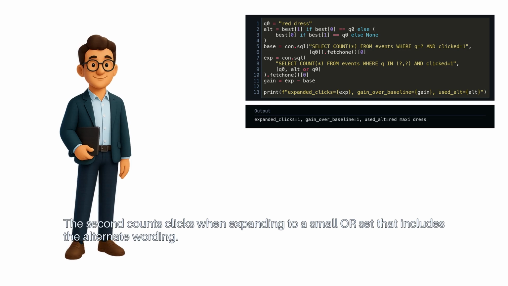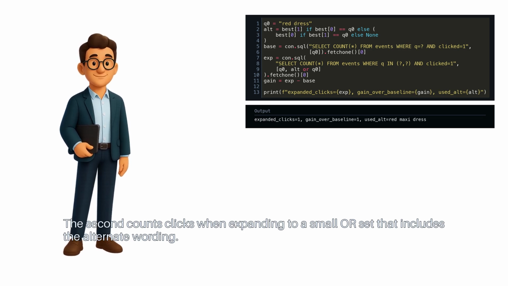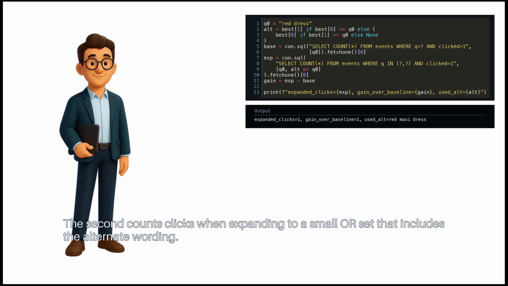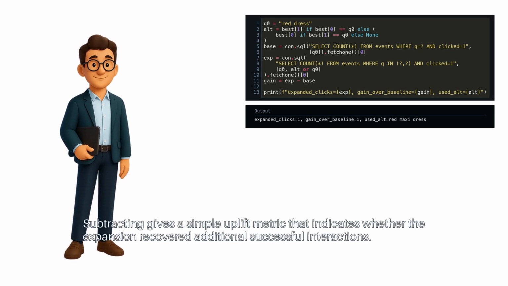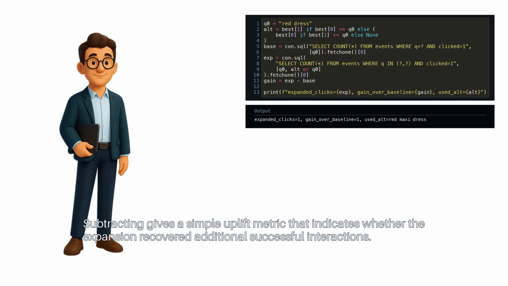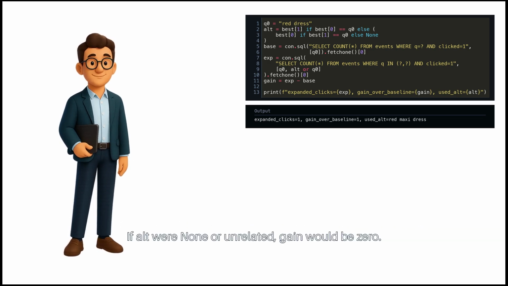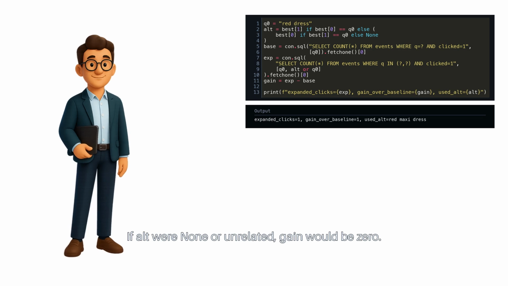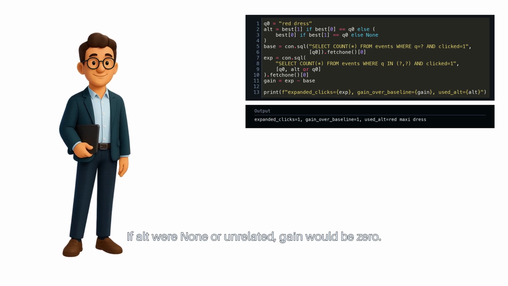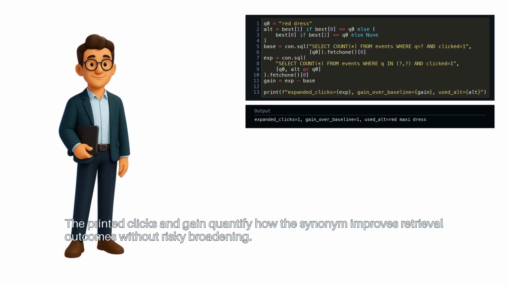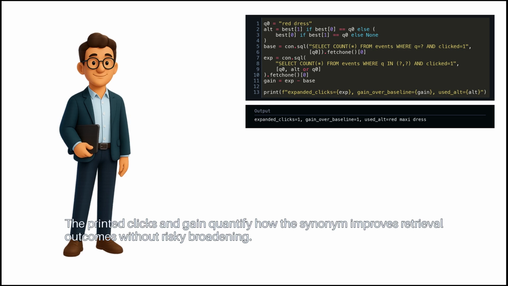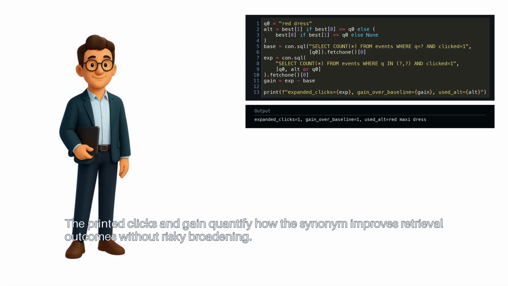The second counts clicks when expanding to a small OR set that includes the alternate wording. Subtracting gives a simple uplift metric that indicates whether the expansion recovered additional successful interactions. If alt were none or unrelated, gain would be 0. The printed clicks and gain quantify how the synonym improves retrieval outcomes without risky broadening.